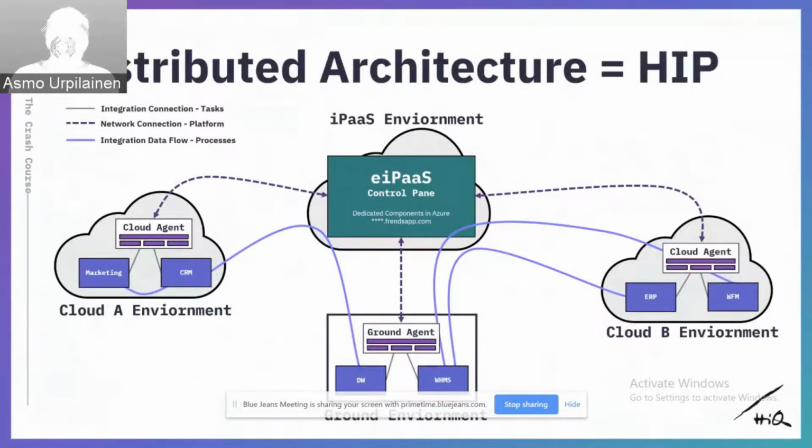And the main point of the distributed architecture is that we are providing a single, what we are calling a control plane. So basically a website that we are calling the tenant for each of our customers from the cloud, or of course on-premise. Some of our customers have the control plane even installed in an on-premise environment, but the more common use case definitely is in the cloud format.